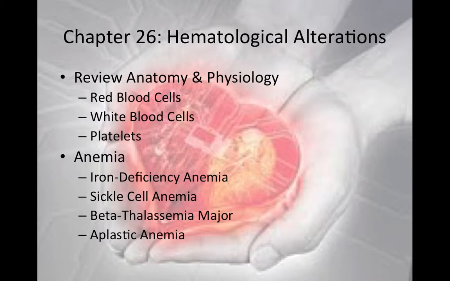I also want you to pay attention to box 26-9 in your text, which talks about the criteria for severe aplastic anemia, and also box 26-8, going backwards a little bit, on page 929, which goes over the common toxic and pharmacologic causes of aplastic anemia.